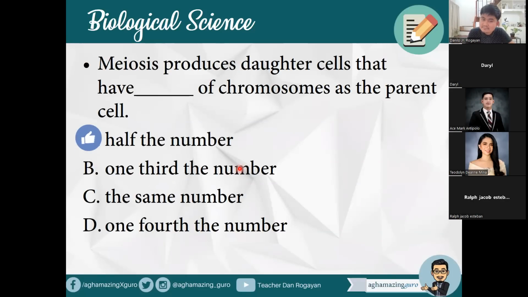So if that's half the number, how many chromosomes? That is correct, 23 chromosomes. Out of 23, how many are autosomes? That's correct, 22. How many sex chromosomes? One.